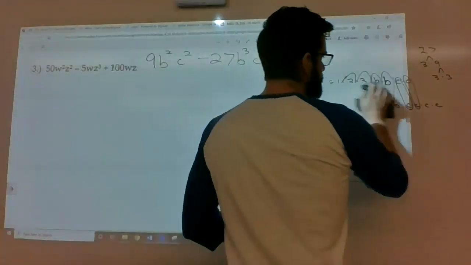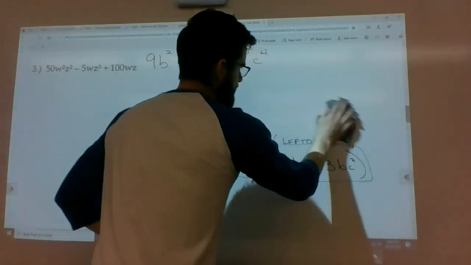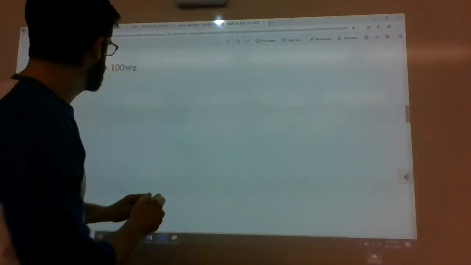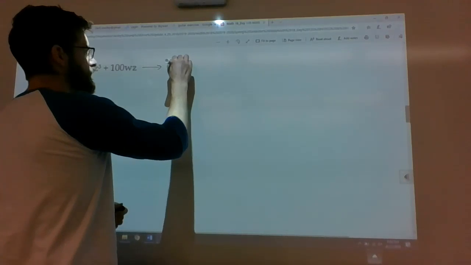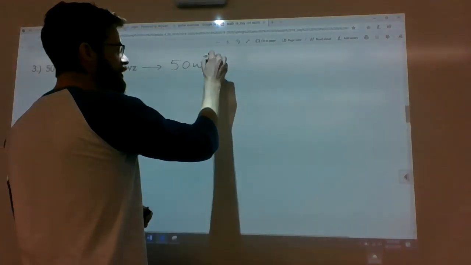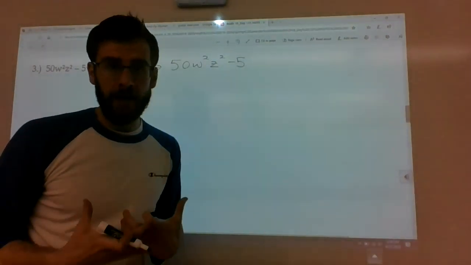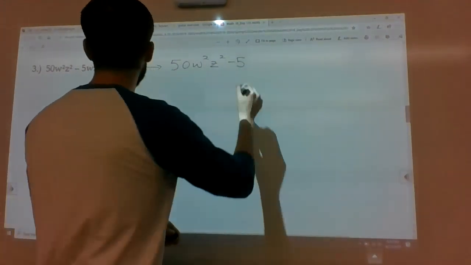Now, some of you guys like shortcuts. And I'm going to show you maybe a different way of doing this so you don't have to write out the prime factorization every single time.